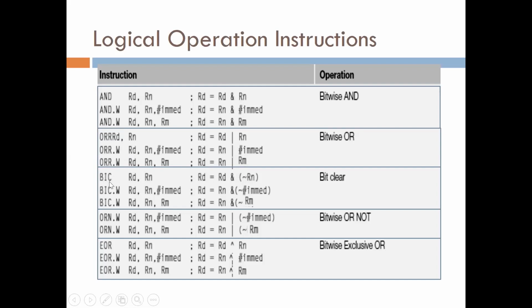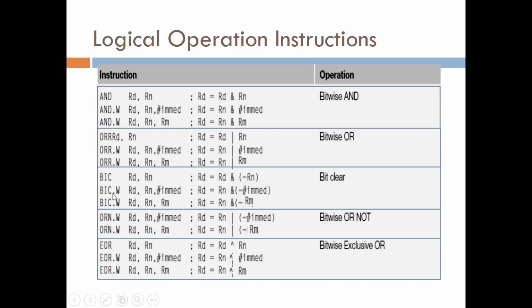So BIC is nothing but you are negating, that is complementing, one of the operands, that is the source operand, and then you are ANDing it with the other operand. Let us see the instruction. BIC Rd comma Rn. The content of Rn is complemented first, then the result after complement will be logically ANDed with the content of Rd, and the result will be stored in Rd register.